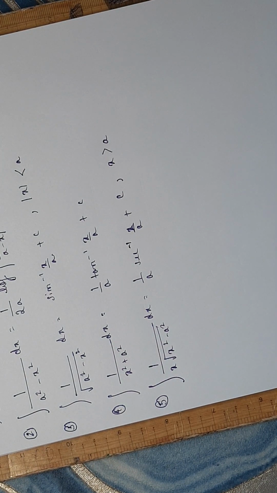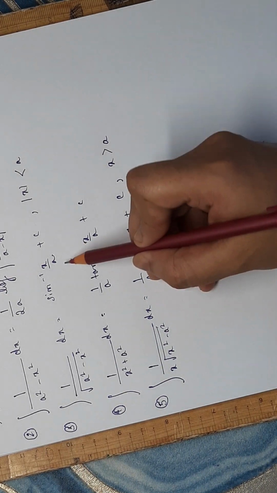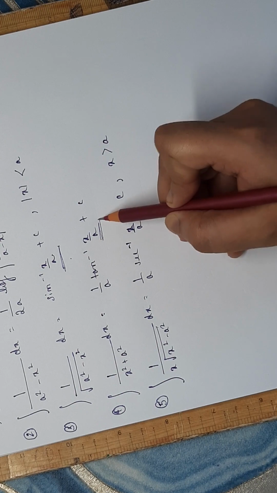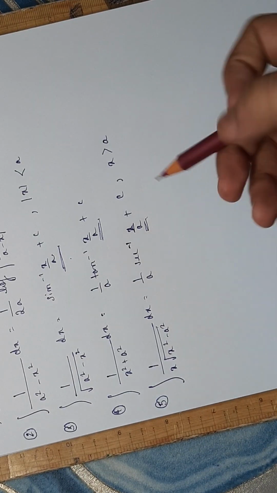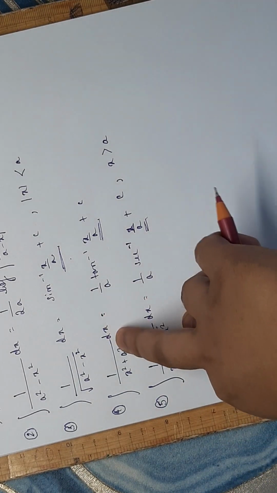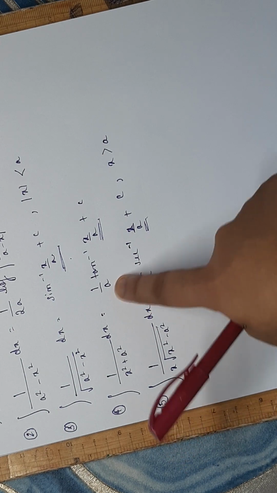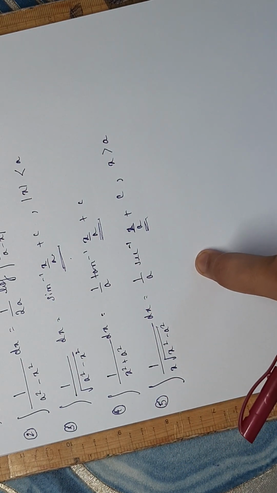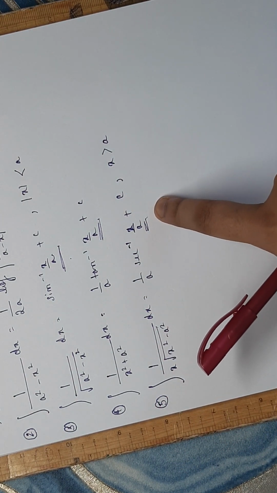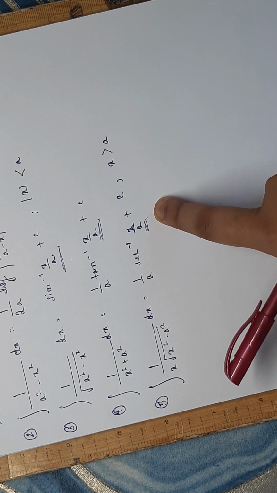This is also very relatable, because in all of these cases you can see we have an x by a. But in case of these two formulas, we also have 1 by a in front of this particular trigonometric function.